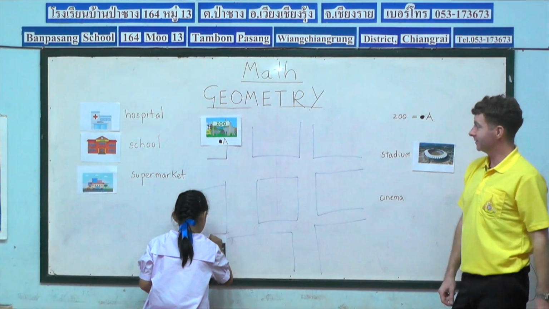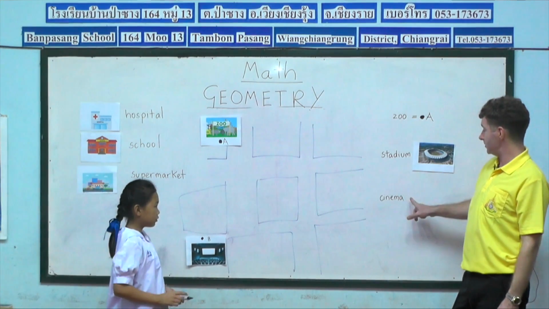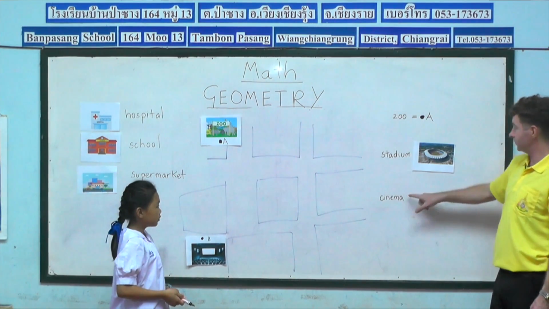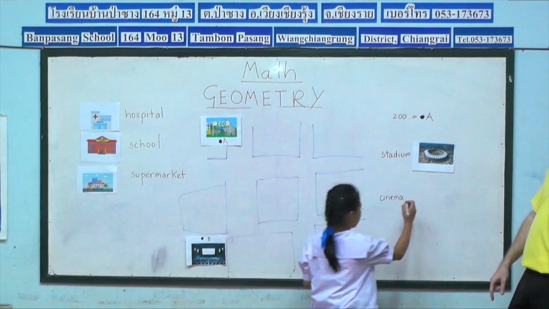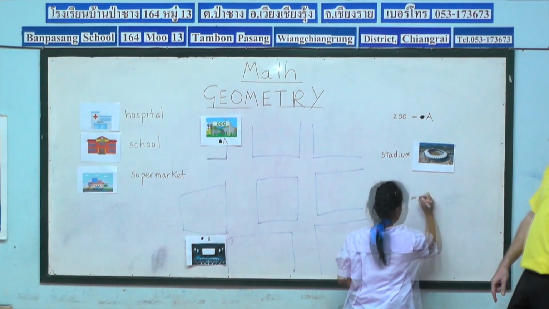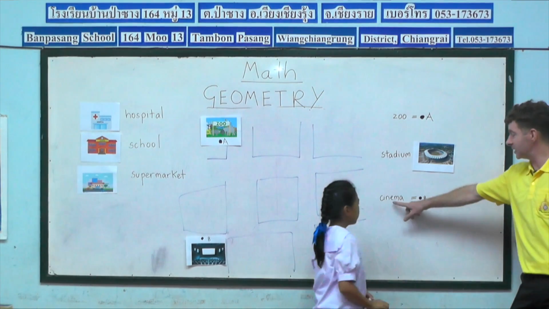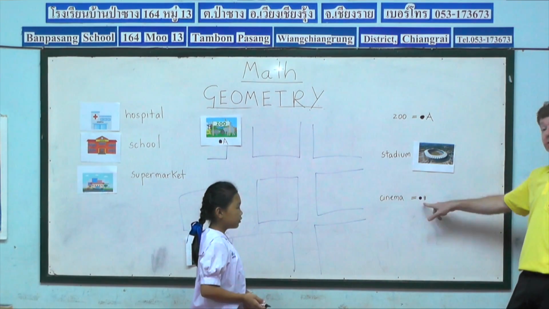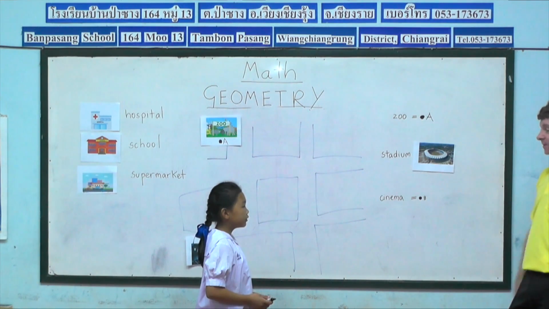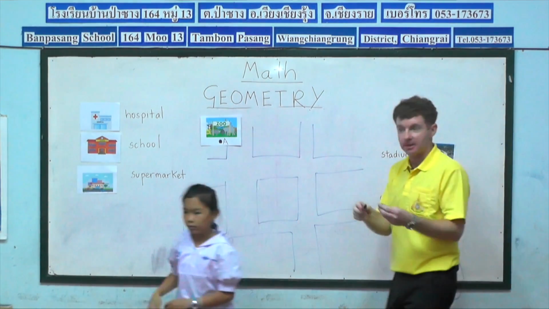B. Point B. So now, Nadia, you can put cinema equals point B. Cinema equals point B. Nadia, that's excellent. High five. Big round of applause for Nadia.